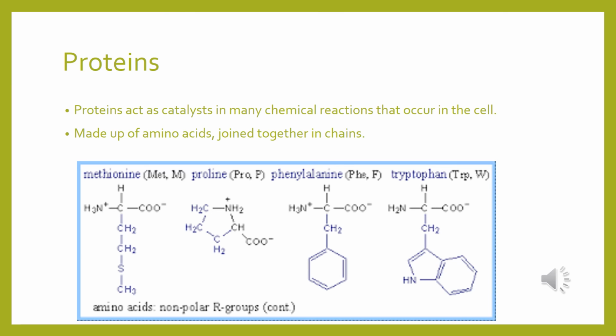Here are proteins. We have so many different proteins, made from 20 amino acids. Proteins act as catalysts in many chemical reactions that occur in the cell. A protein is made up of amino acids joined together in a chain. Proteins have 20 different amino acids, some polar, non-polar, aromatic.